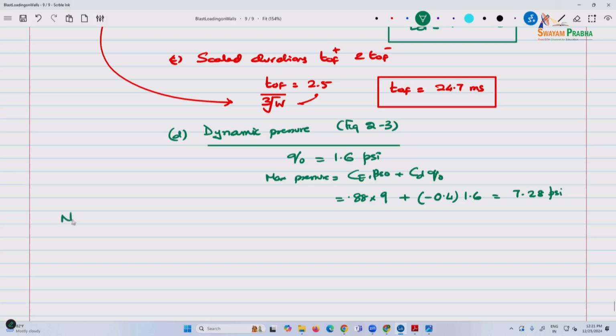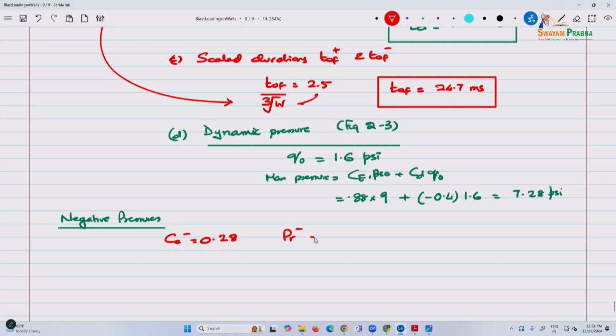Then the negative pressures, with the same thing, CE negative is 0.28.